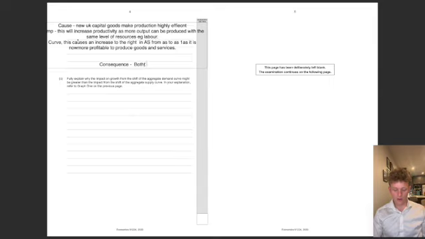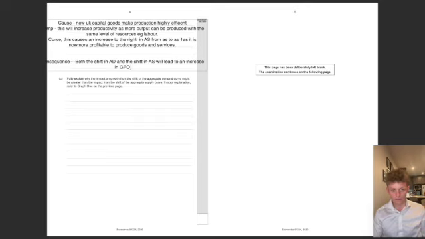The double header: both the shift in AD and the shift in AS will lead to an increase in GDP as the new equilibrium shifts right from Y to Y1.